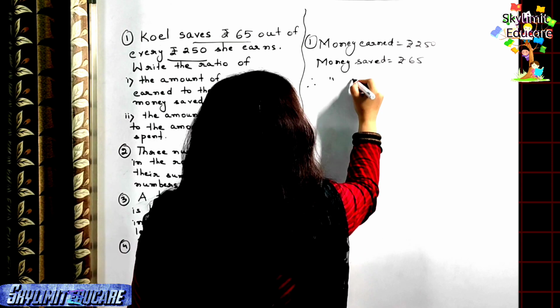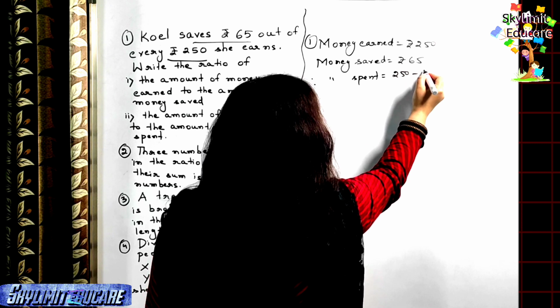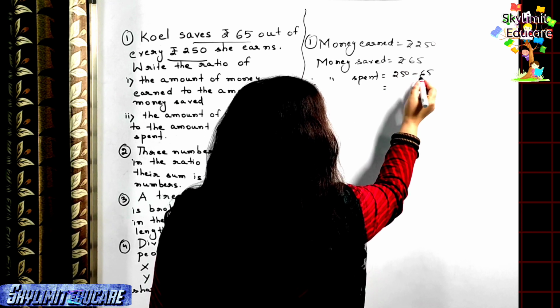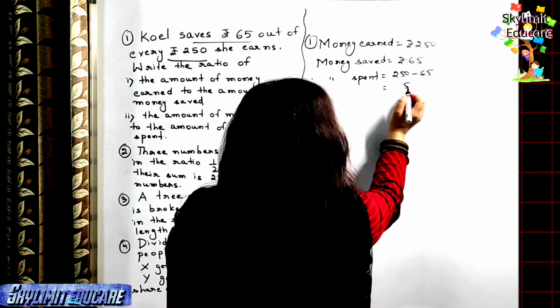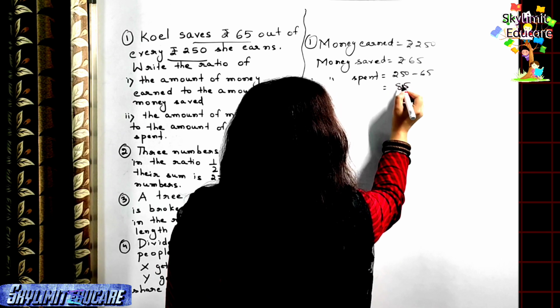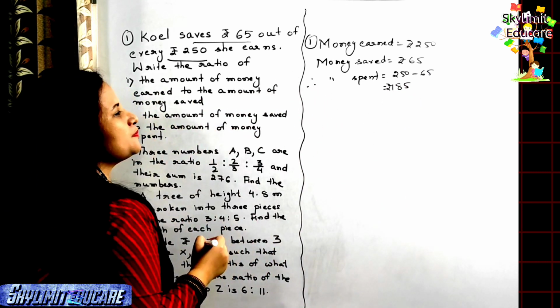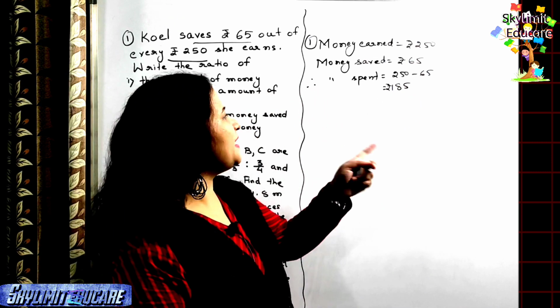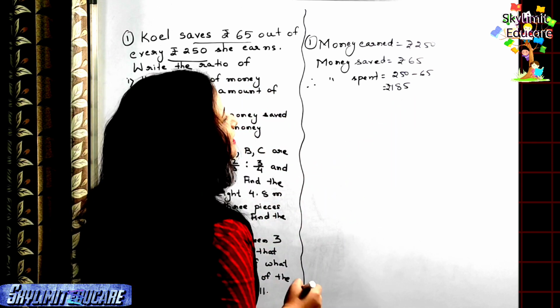Obviously money spent will be money earned minus money saved. So 10 minus 5, 5. 14 minus 6 is 8. So rupees 185 is the amount of money spent. Out of every 250 rupees, she spends 185 rupees and saves rupees 65.